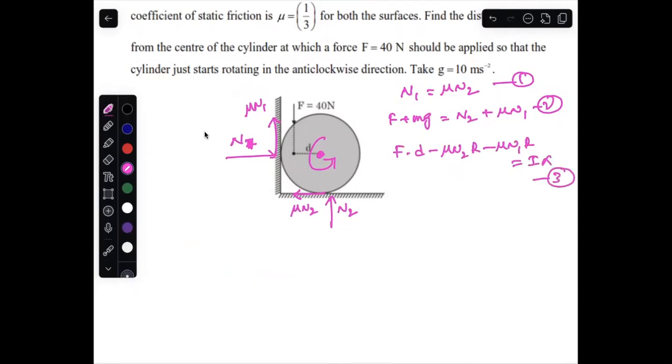You have 3 unknowns: N1, N2, d. Just starts means you can take alpha as 0, so F into d is mu N2 R plus mu N1 R. Now you solve these 3 equations and you'll get the answer.